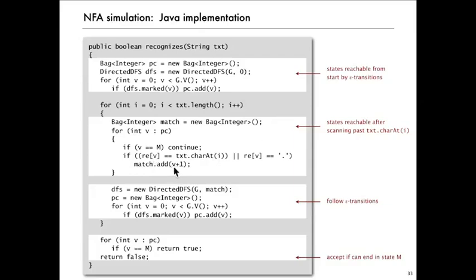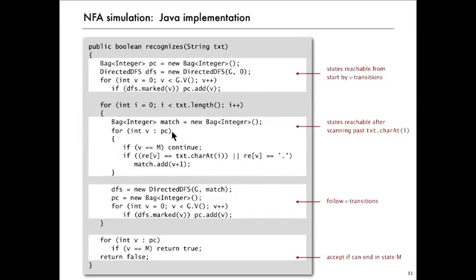And so we'll just add v plus 1. If we find a matching character at v, we just go to v plus 1. That's the implicit match transition. And here we'll throw in don't care because it's so easy to do. If the regular expression says I don't care what character matches, then I'll throw that one in too. This just adds don't care to the implementation.